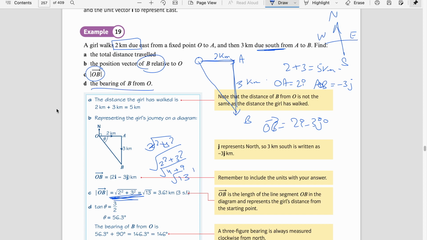The bearing of B from O. So how we deal with this bearing thing, you know that this is 2, this is 3. To find this angle theta, I can use tan. So tan theta is equal to 3 by 2 and theta is equal to tan inverse of 3 by 2. Okay, so tan inverse of 3 by 2, just a second.